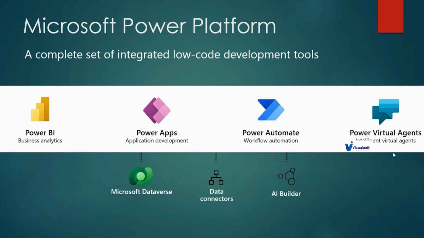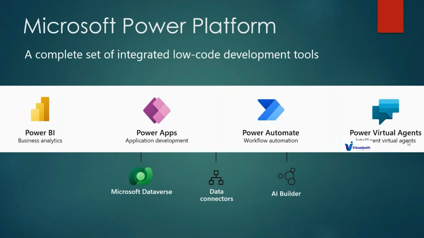Then there is Power Virtual Agents. Power Virtual Agents is usually used to create very powerful chatbots. It can be trained on your document files, your database, your data files, and it can create a chatbot through which you can interact with that data.